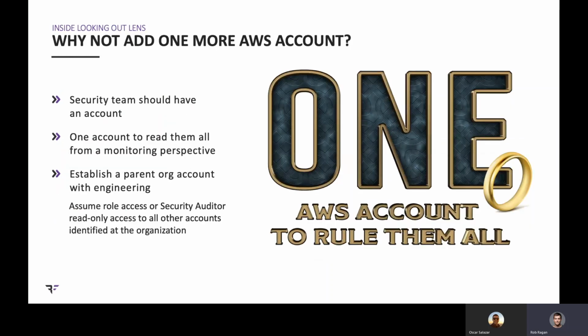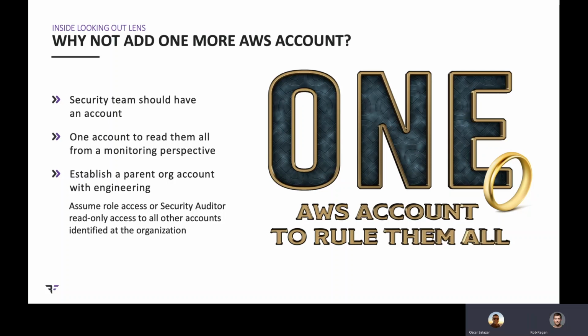Really what you want to do as a next step is that the security team should also have an account. This account would be used to set up an assume-access role into all of the other accounts that are identified. Oscar, do you want to speak a little bit about how we've done this for some large organizations that have hundreds of accounts? Yeah, so essentially the way that it works is, for each one of the accounts that you have, you create a new role that enables a specific account to assume all of its permissions.